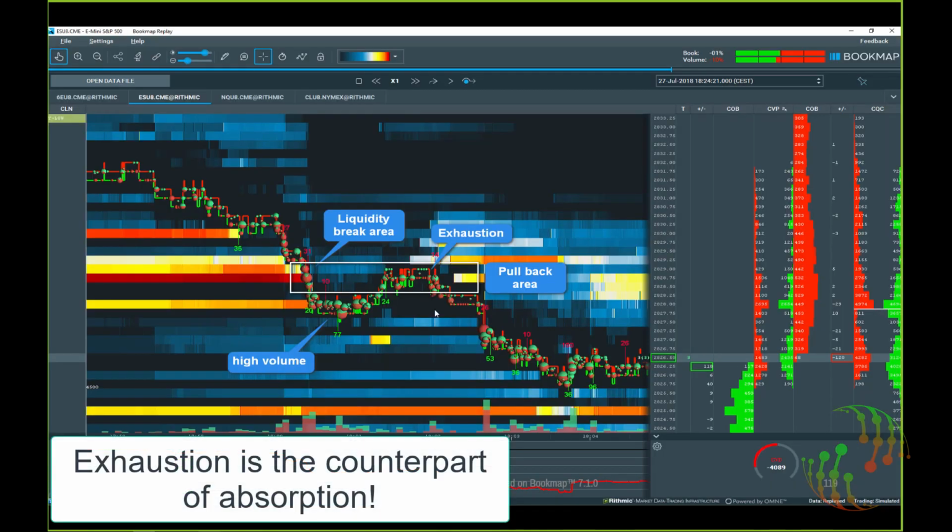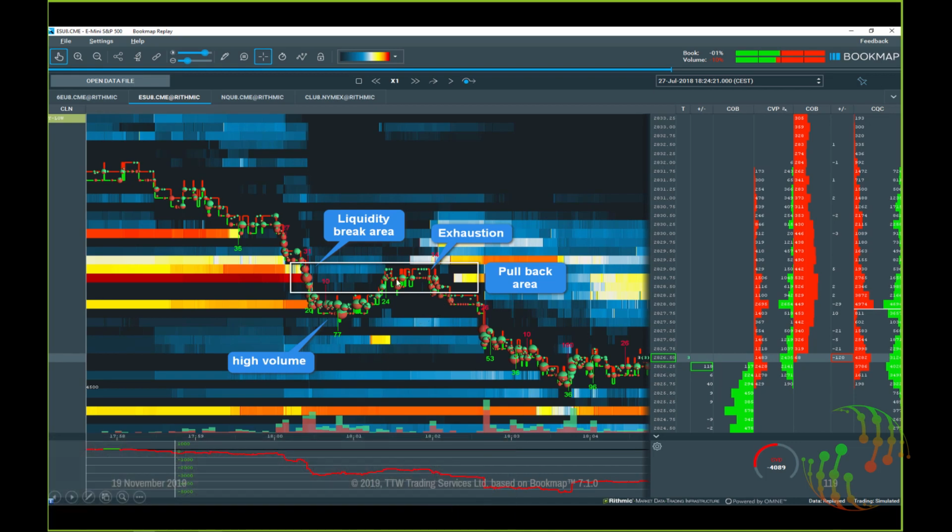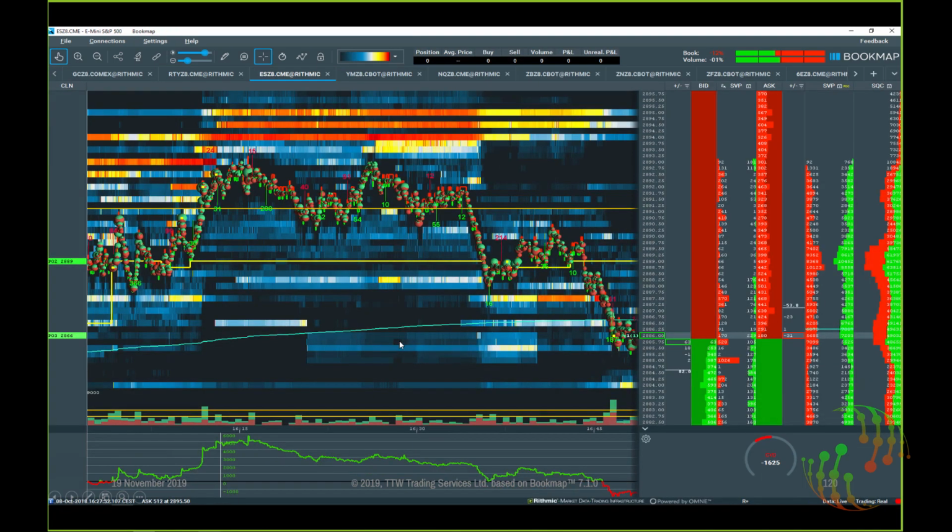Exhaustion is extremely important. It's the counterpart of absorption. Let me show you what exhaustion is. You will see very low volume trading at one price. We also see divergences here.